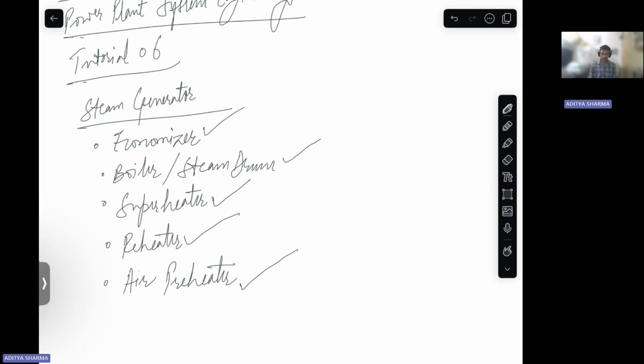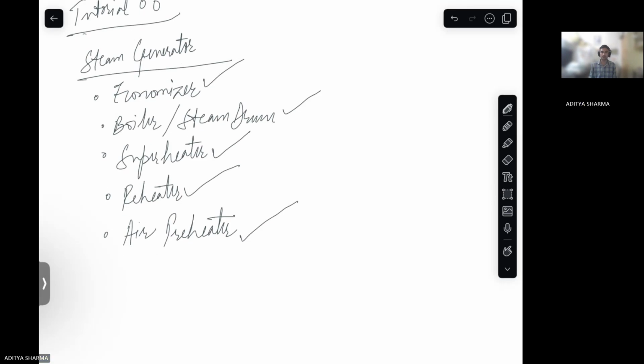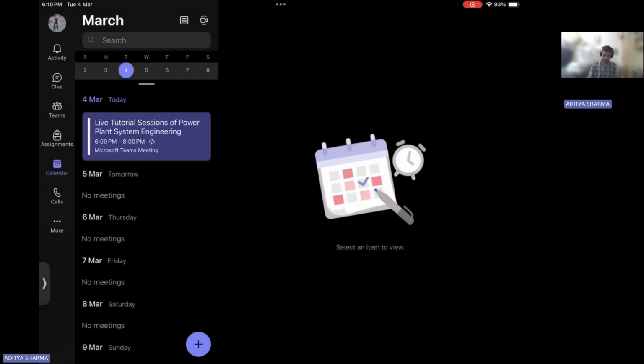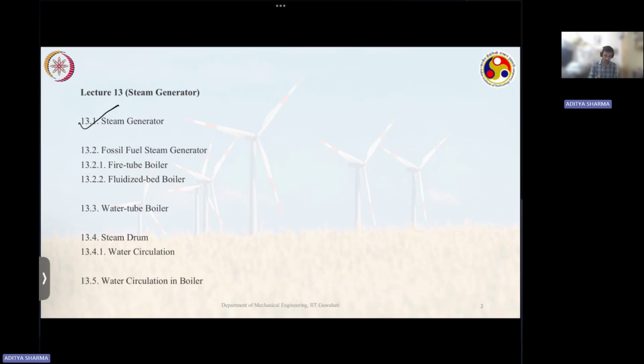So what it does is it increases your adiabatic flame temperature, right? That is your air preheater. So I have briefly given you the gist of all the components, but we will discuss these in detail later. All right. So this is your steam generator.